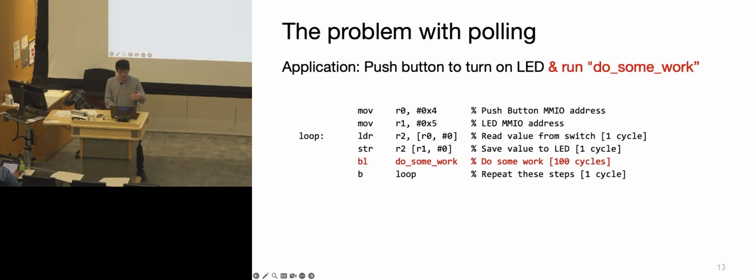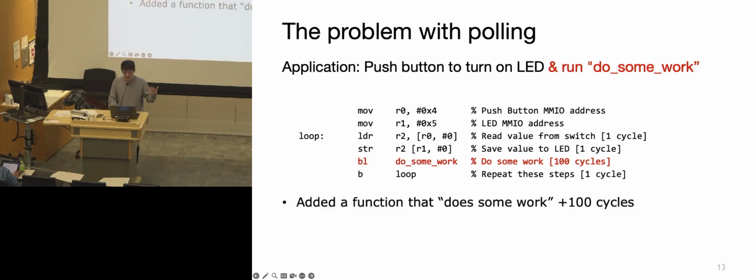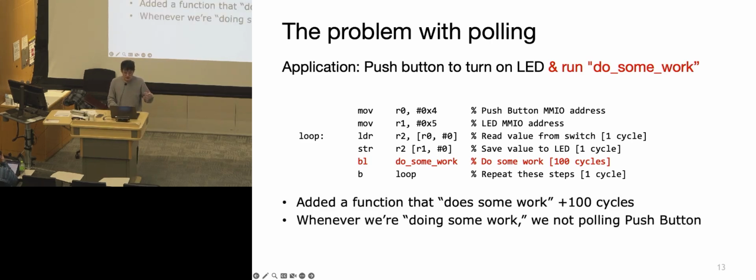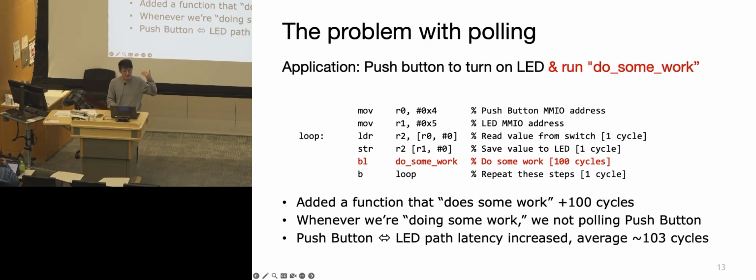Also, if you want to do some more work here, say we add another 100 cycles to do some meaningful calculation, then it might still be okay because it's only 100 cycles. But you see how this is going, right? If you just keep on adding stuff, 100 cycles is still probably okay for most people's use case.